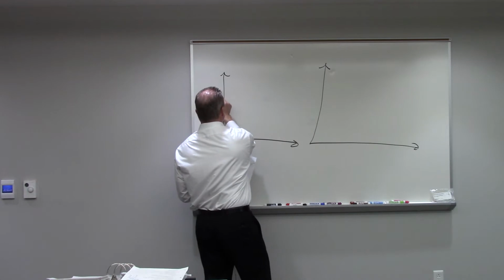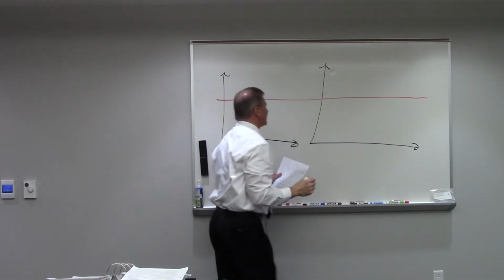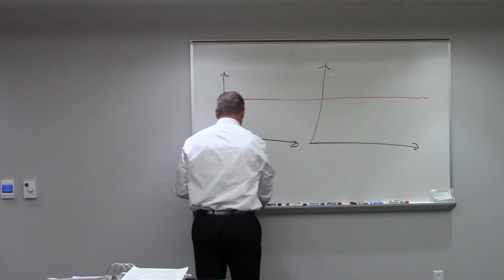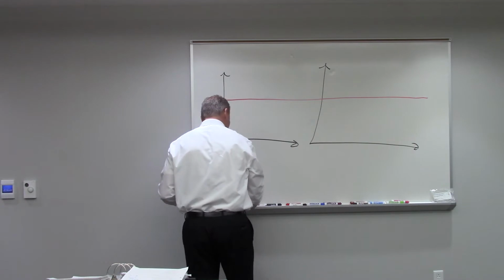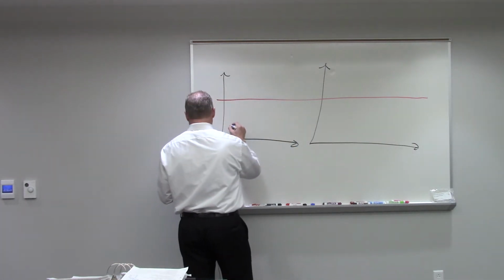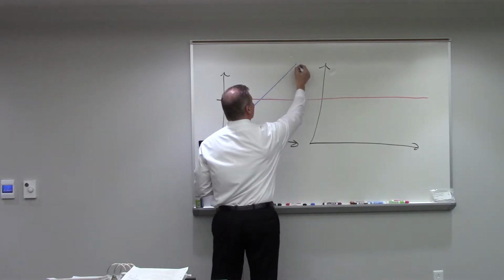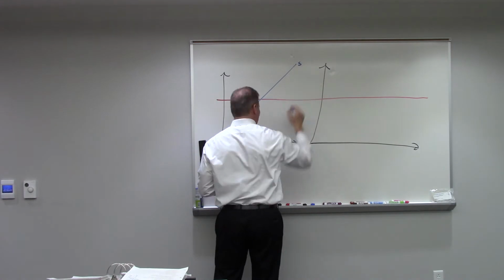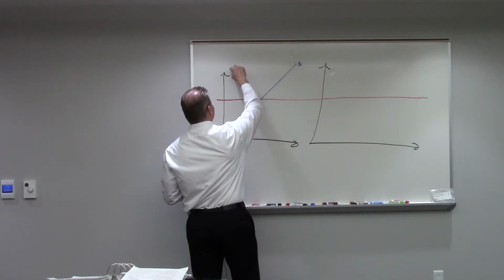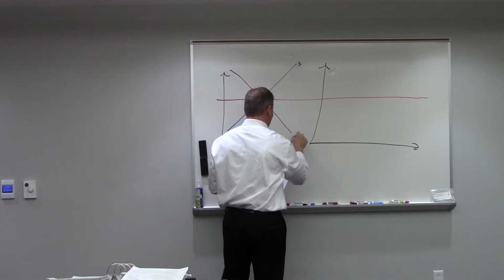So I'm going to take this price line and take it all the way across. So essentially it's the same line. Now, I'm going to put in a short-term supply curve. I'm going to put in a demand curve. It's going to hit that point. Imagine these being straight lines, of course, as always.